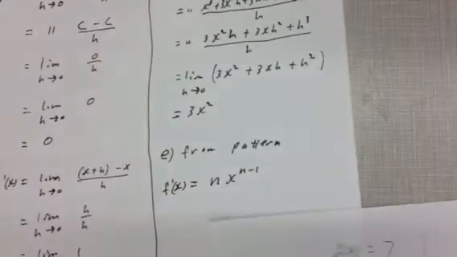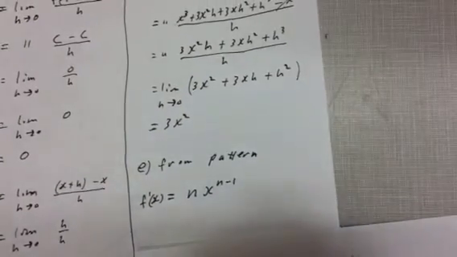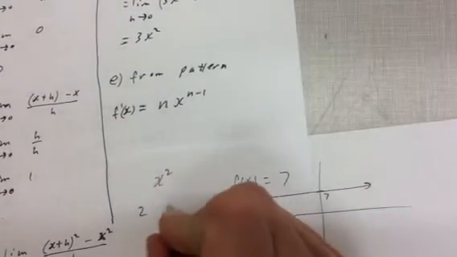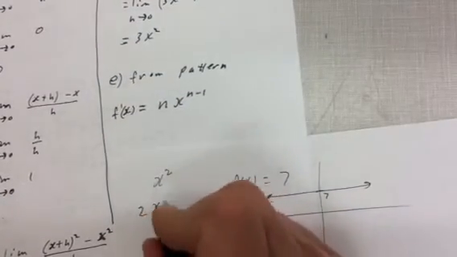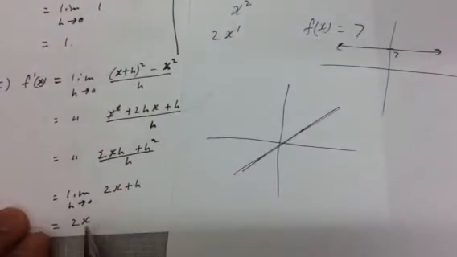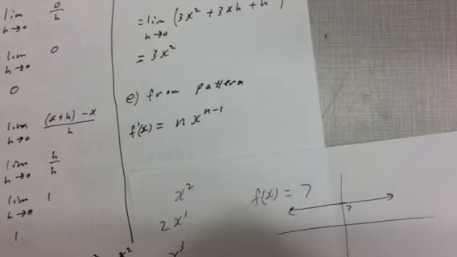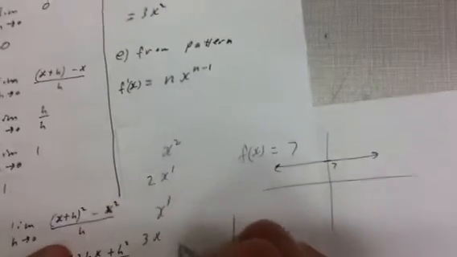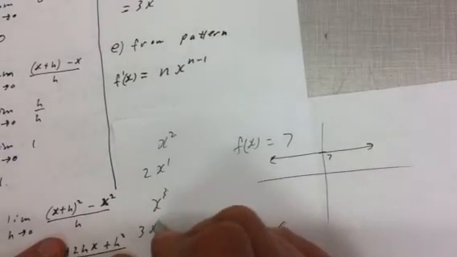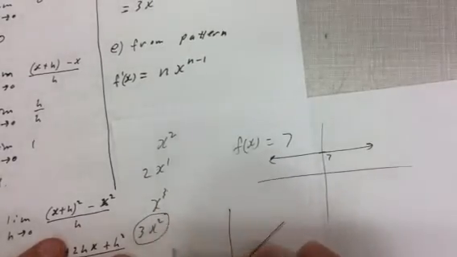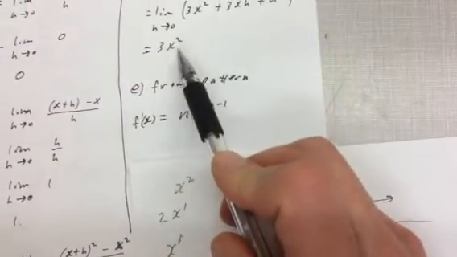So for example, x squared, bring the power down in front, 2x, reduce the power by 1, and that's what we had for x squared. Okay, x cubed, bring the power down in front, 3x, and reduce the power by 1, so it's 3x squared, which is what we had here.